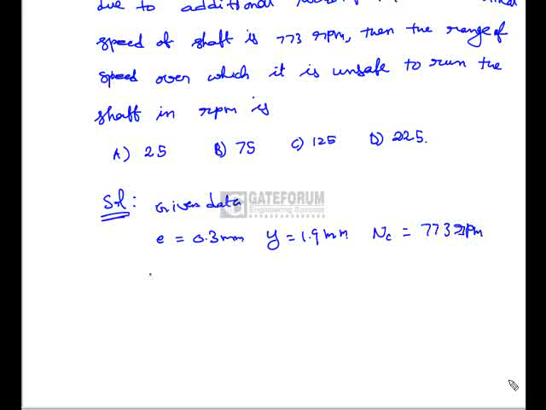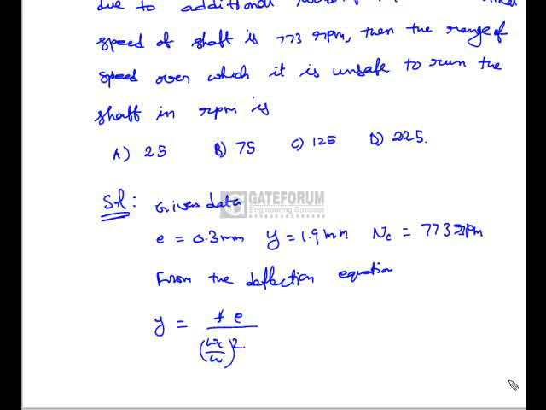So from the deflection equation we can write it as y is equal to plus or minus e by (omega c by omega) whole square minus 1, and we can write it as plus or minus y by e is equal to 1 by (nc by n) whole square minus 1, because here omega is proportional to n.